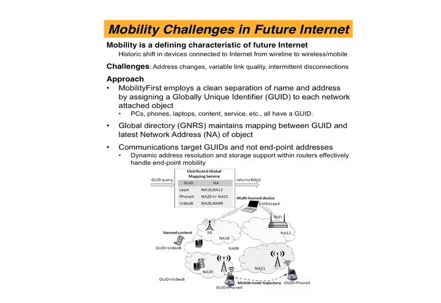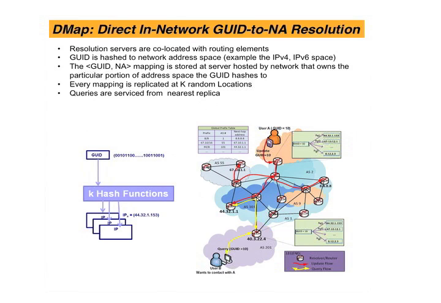What we're doing is to enable a scalable GUID to NA mapping, where the GUID is the ID of the network entity and NA is the network address of the network entity at any point in time. We use a global name resolution service, which is a distributed service implemented within the network using a direct hashing scheme.